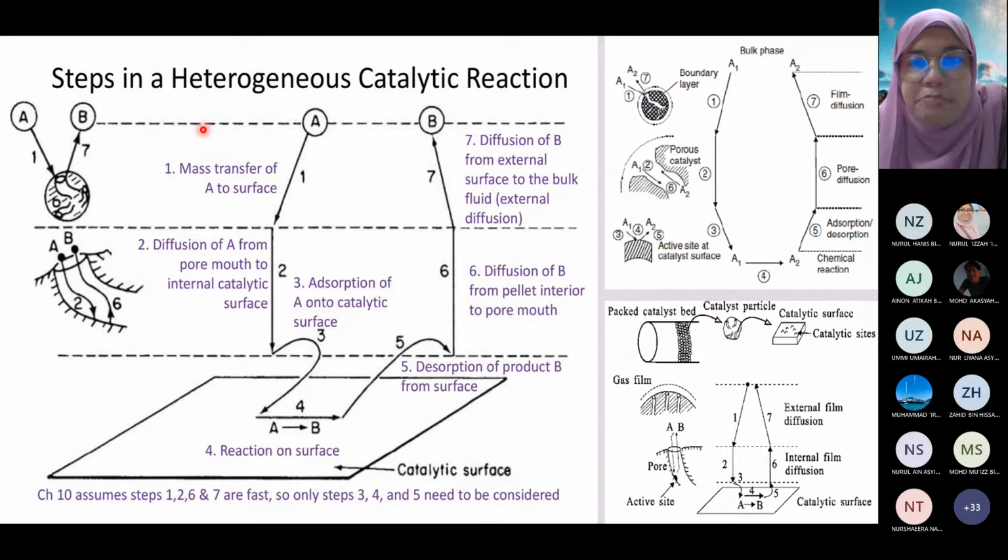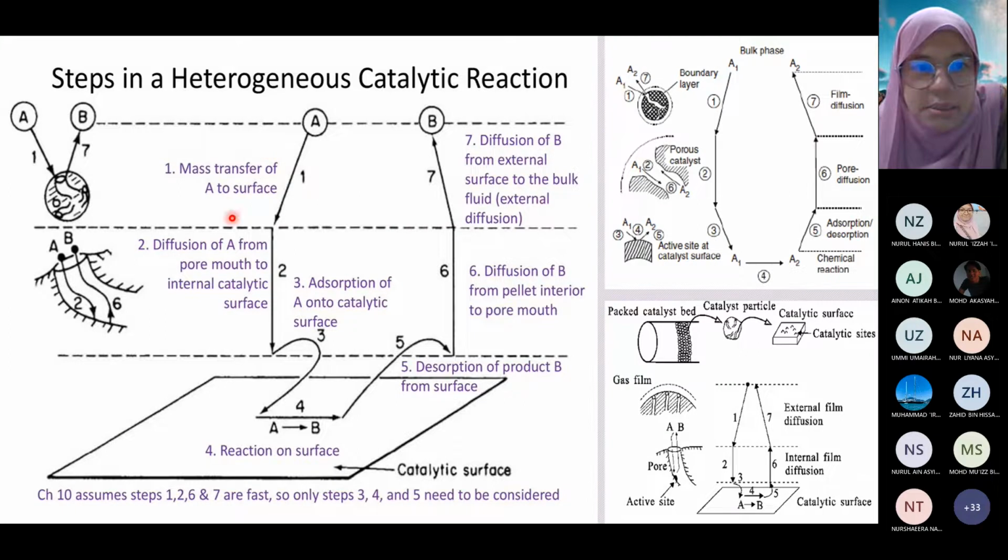Okay. A and B, this is at the bulk surface. Okay, bulk surface ataupun bulk fluid. So this is the boundary layer. Okay, at the bulk fluid, either it is liquid reactant or gas phase reactant. So at the bulk fluid, and then here, yang second dotted line ni, we call it as the external surface of catalyst.